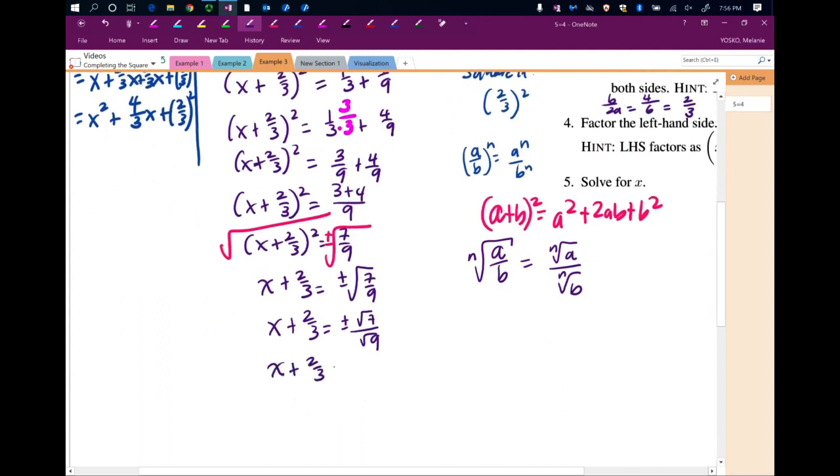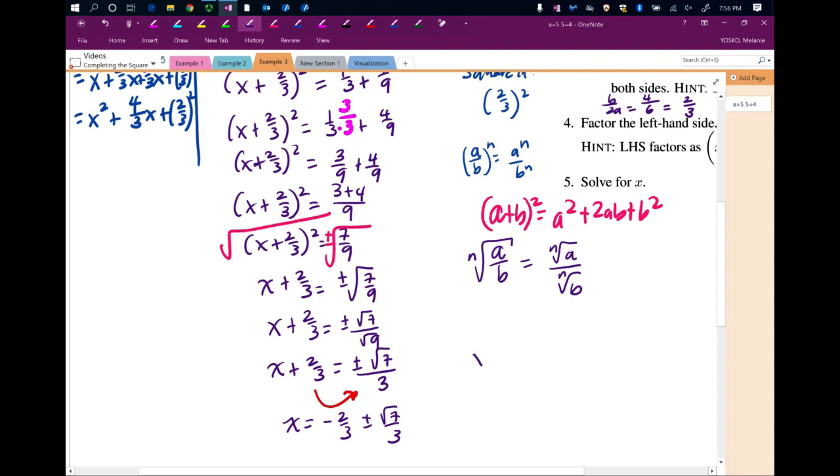Well, the square root of 7 is not a perfect square, or 7 rather is not a perfect square. So the square root of 7 we really can't reduce. So we have the square root of 7, but the square root of 9 is the same as 3. Okay, next we're going to subtract 2/3 from both sides. That way we have x equals stuff. So x equals negative 2/3 plus or minus the square root of 7 over 3.